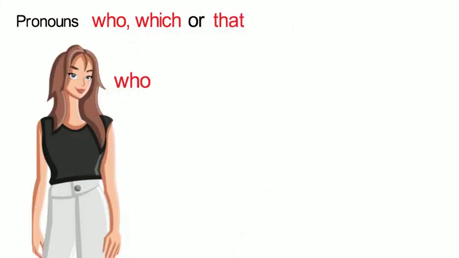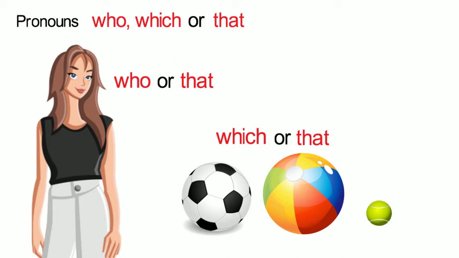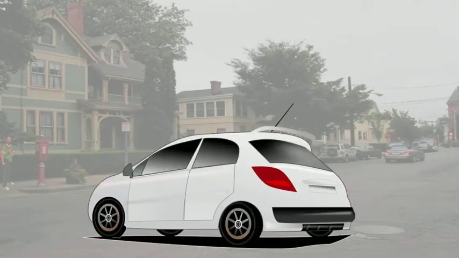Who and that can be used with nouns that are people, and which or that can be used with things, not people. We have already tried some examples with who. Now, let's try some examples with that and which. That can be used with either people or things, but it does not need commas around it.